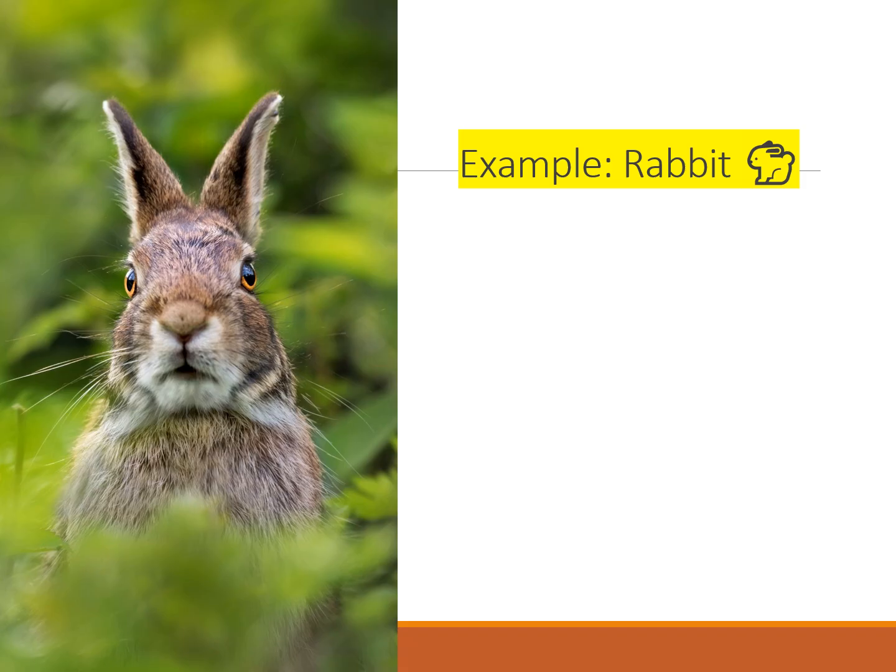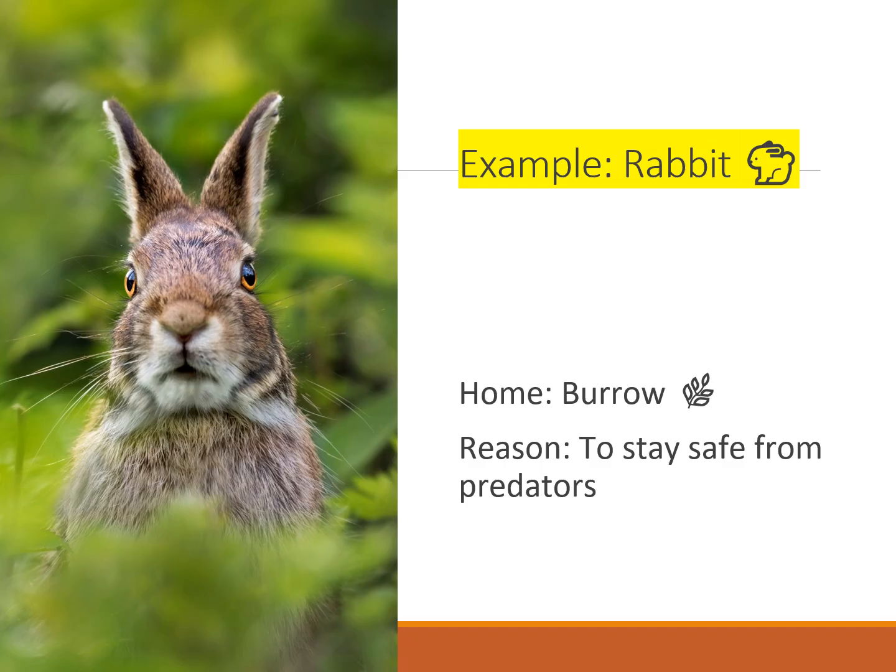Here you can see another group work, another example. If that group took rabbit, rabbit home is burrow, and the reason for this burrow is to stay safe from predators. Like this they can display the chart.